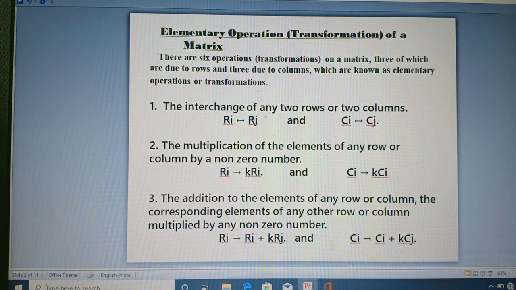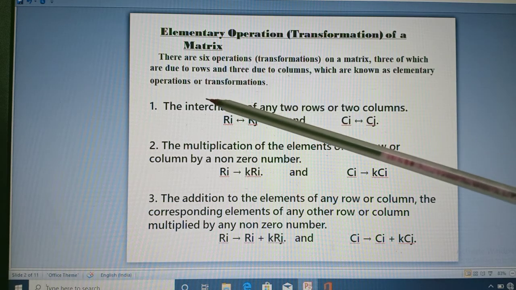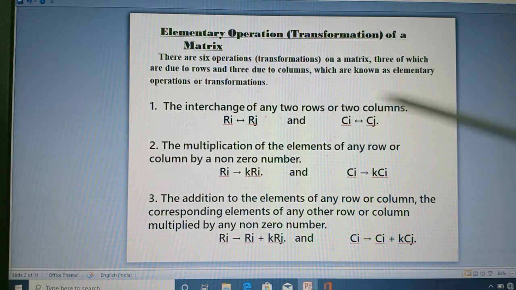So there are 6 operations on a matrix, 3 of which are due to row operations and 3 due to column operations, which together are known as elementary operations or transformations. So students, the first one is the interchange of any 2 rows or 2 columns.